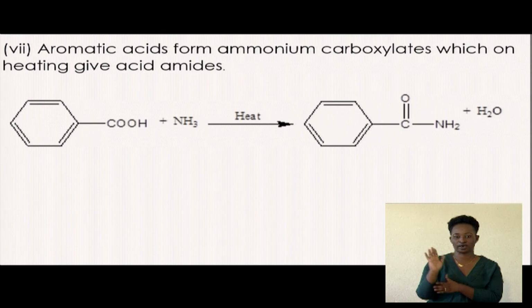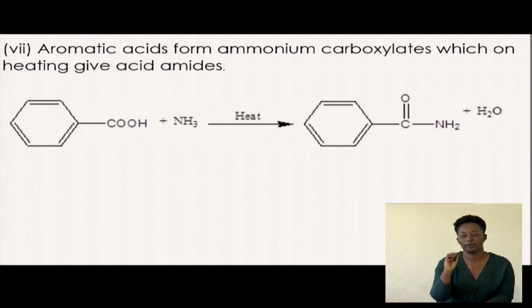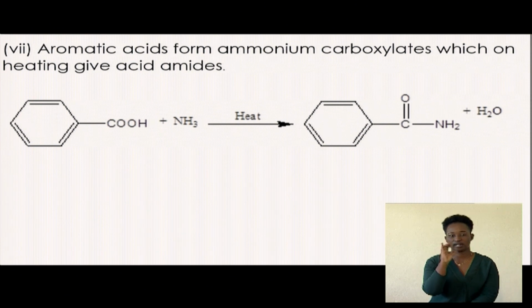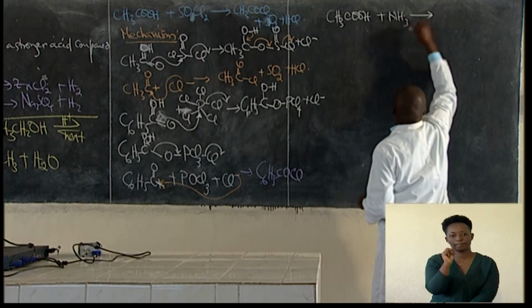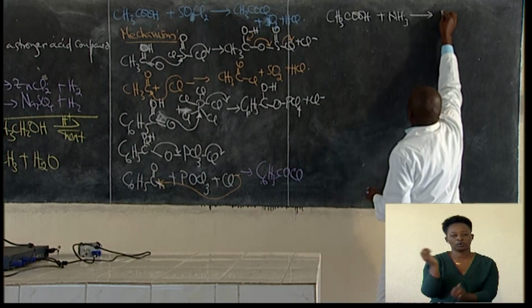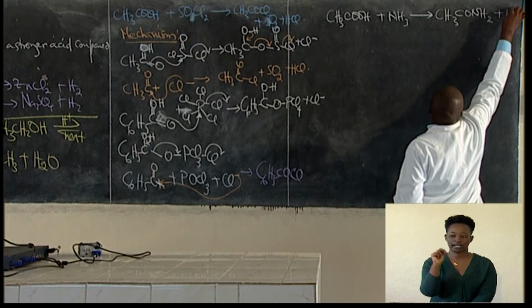So reaction with ammonia forms the amides. That reaction is shared between aliphatic carboxylic acids and aromatic carboxylic acids. When you have a carboxylic acid, for example CH3COOH, I'm just comparing this with ammonia in the presence of heat, this will give CH3CONH2 plus water.